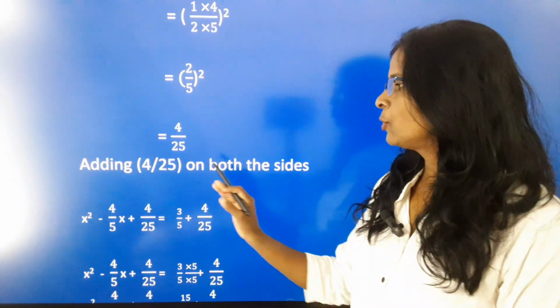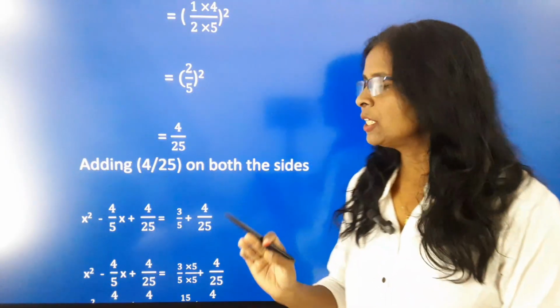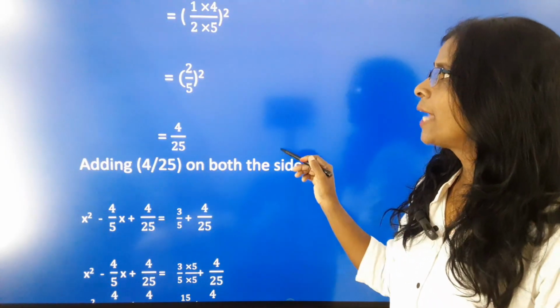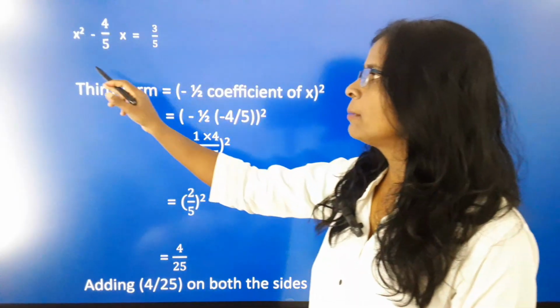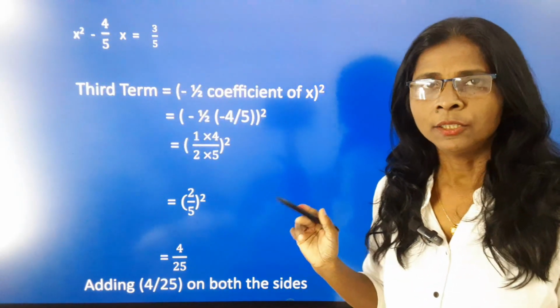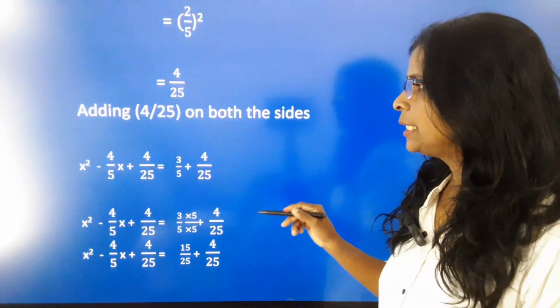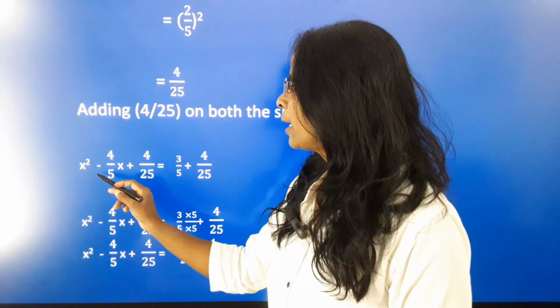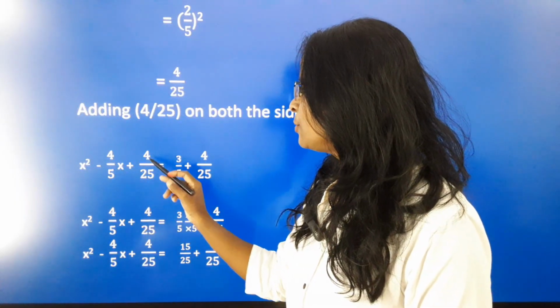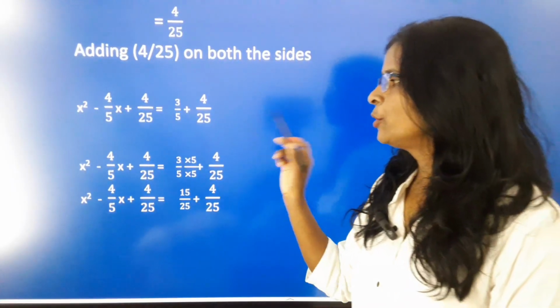Now we have the third term, 4 upon 25. Add this 4 upon 25 on both sides of equation 1, that is x square minus 4 upon 5x is equal to 3 upon 5. We have x square minus 4 upon 5x plus 4 upon 25 equal to 3 upon 5 plus 4 upon 25.